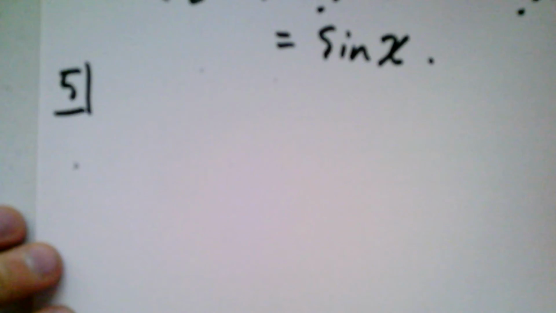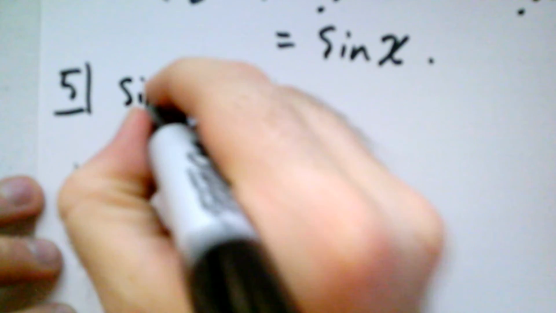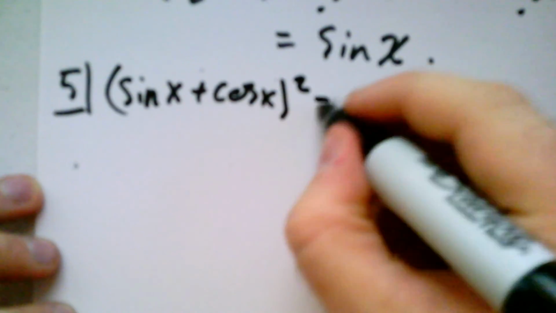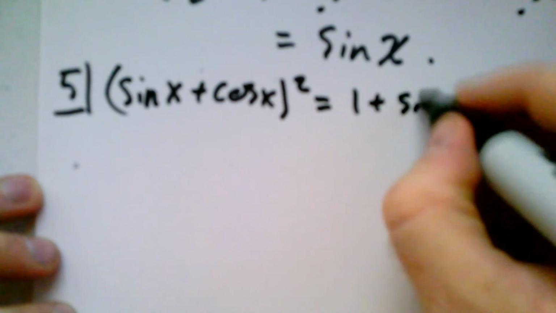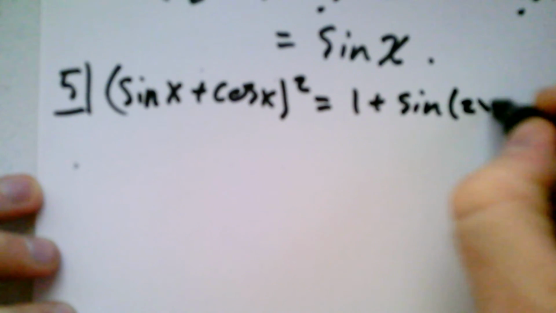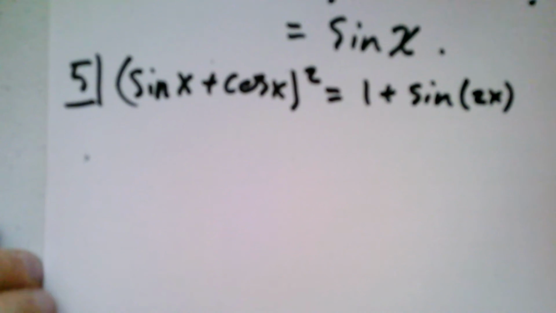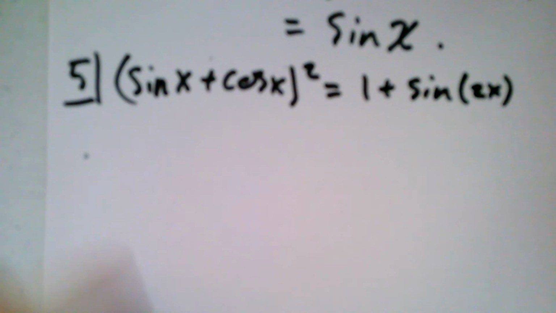How about sine x plus cosine x squared equals 1 plus sine of 2x. This one looks a little complicated. Let's see if we can get it to work.